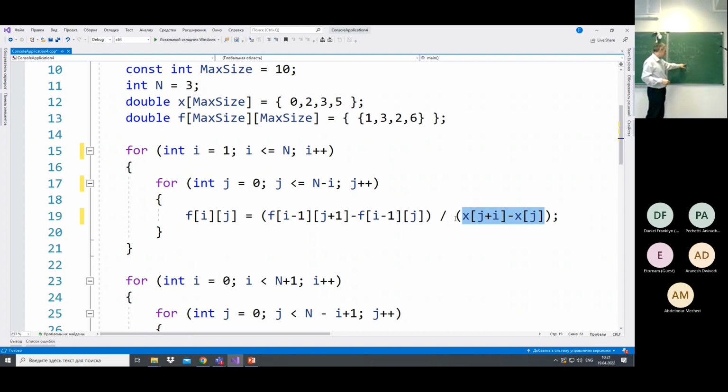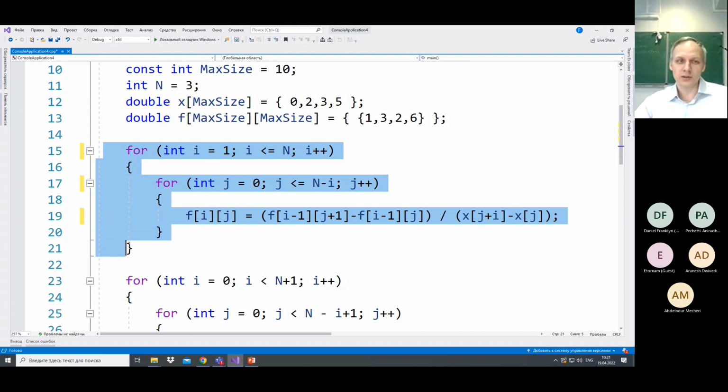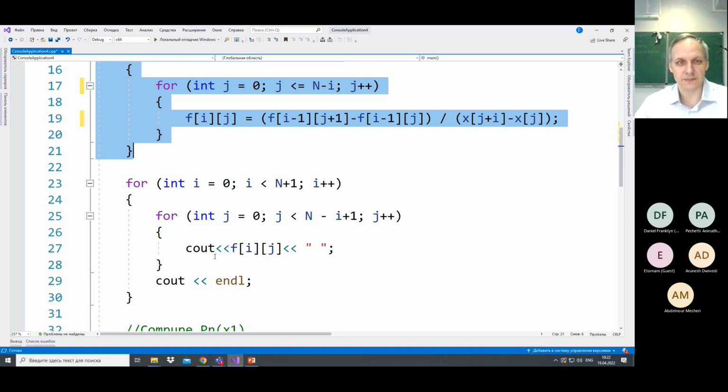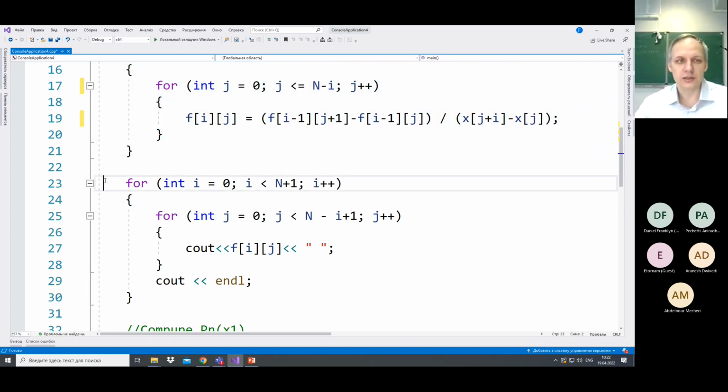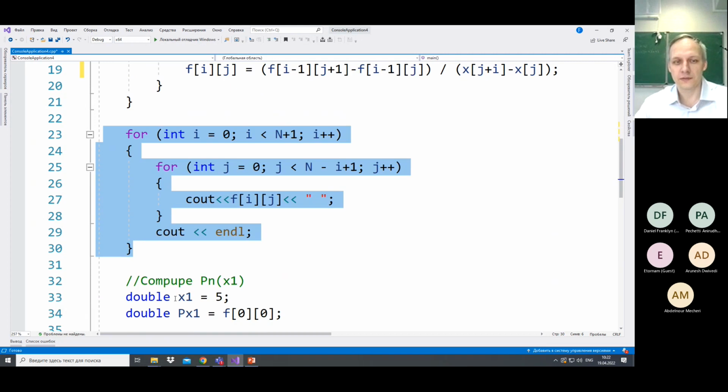Here, 1 minus 0. Here, 2 minus 0. Next row, it should be 3 minus 0, and so on. That's why I should write here j plus i minus xj. And that's all. This loop computes the table of divided differences.